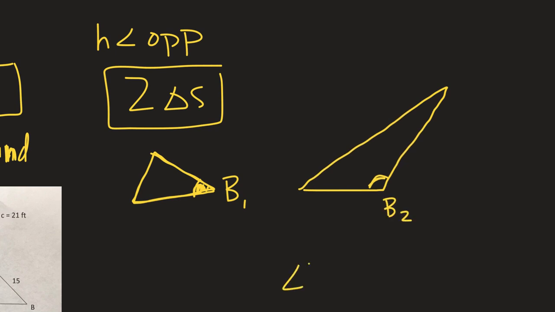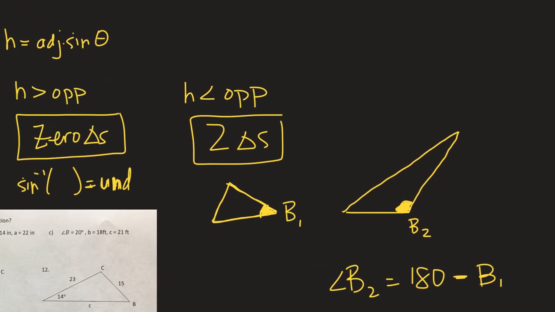B2 is always 180 minus the one that you calculated from before. So that's how we find the second triangle's angle, by doing 180 minus the first angle that you calculated. We don't use the law of sines again. We use geometry to tell us what that second angle is. Okay, so hopefully that is truly a review and not some fresh new information for you.